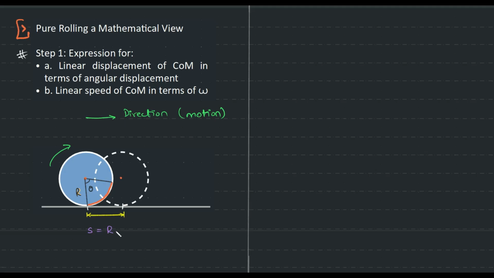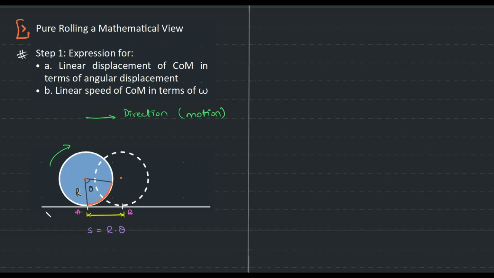The radius is r and theta is in radians. And we have s is equal to r into theta. Simple, straightforward, linear displacement. So basically, this length is what the center of mass has got displaced. Can you see that? The center of mass has moved from point A to point B. This displacement will be AB.